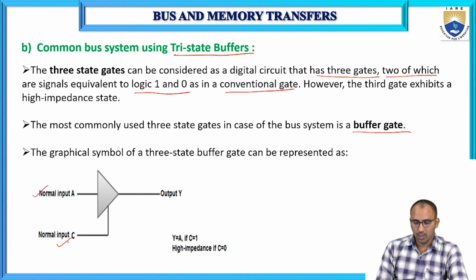Your output will depend upon this input C. If C is equal to 1, then only the input A will be connected to the output Y. Otherwise, the input A will not be connected to the output Y.